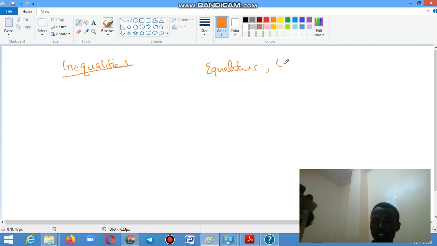That means the left hand side is equal to the right hand side. If this is the case, then we are talking about equalities. But here we are talking about inequalities, meaning this is the opposite of this, where the left hand side can never be equal to the right hand side.